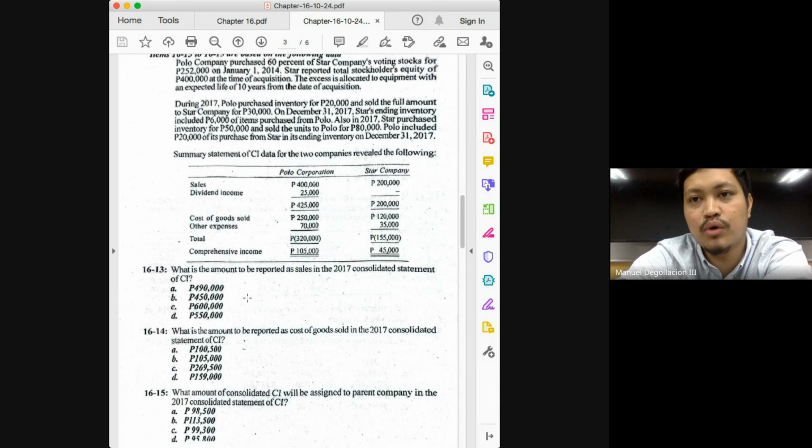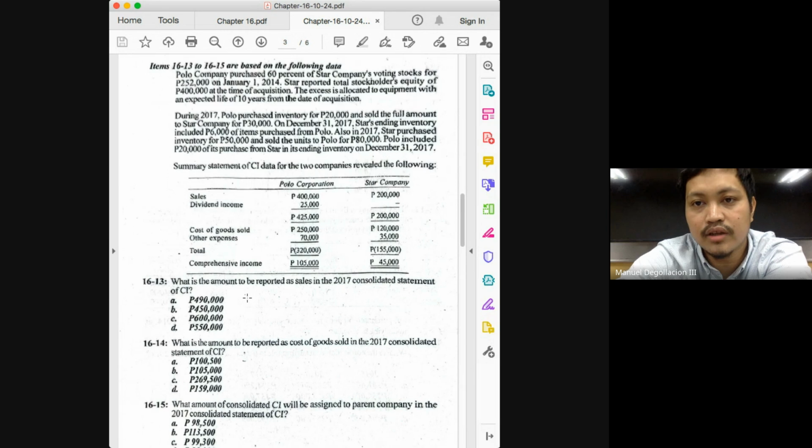Again, how much was the adjusted income of the subsidiary? 35,500. Multiplied by 40%. Where did we get the 40%? The NCI, because the controlling interest is 60%. So how much is the share of the NCI? 14,200. Deduct that from 113,500. That will give you 99,300.